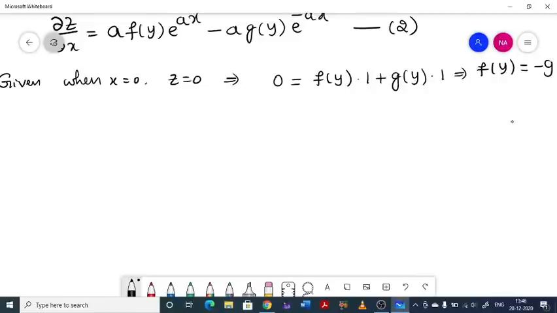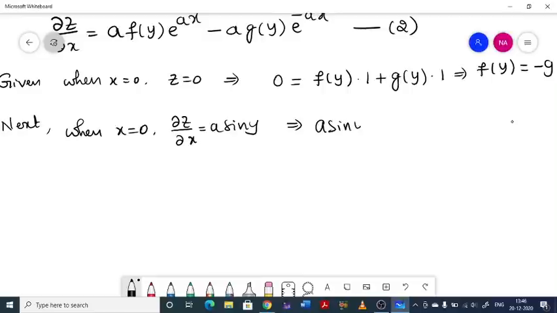Next condition, when x equal to 0, dou z by dou x will be a sin y. So that implies a sin y equal to a into f of y, here e power 0 you get 1, minus a into g of y, again e power 0, 1.